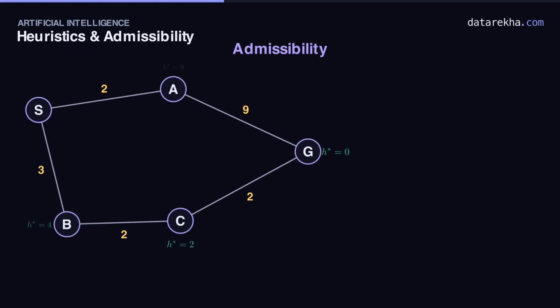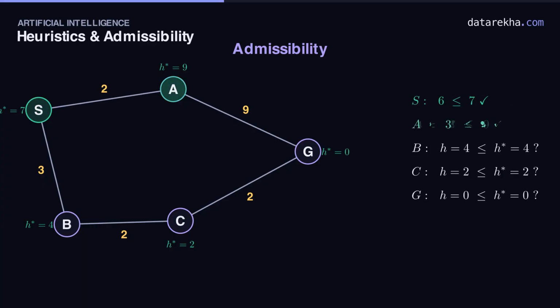Let's test it on our map. First, the truth. The real cheapest cost from each node to the goal, h*, in green. From C it's 2, from B it's 4, from A, the only road out costs 9, and from S, the best route totals 7. Now overlay our heuristic and check each node. S 6, at most 7, good.